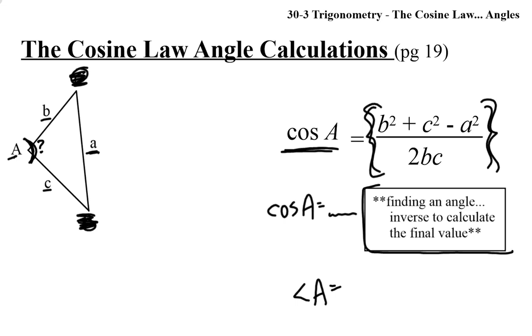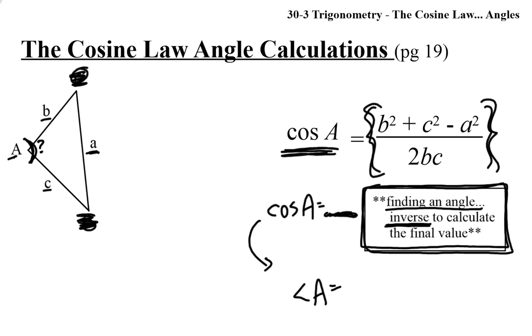Here's this important box. Just like right triangles, anytime we're finding an angle, we have to use the inverse to calculate the final angle size. Cosine A is what we solve for, which is a decimal. We'll have to use second function or inverse to get the angle size.